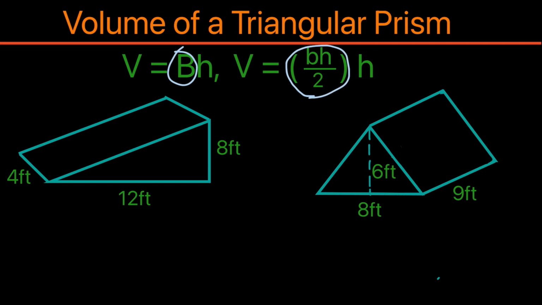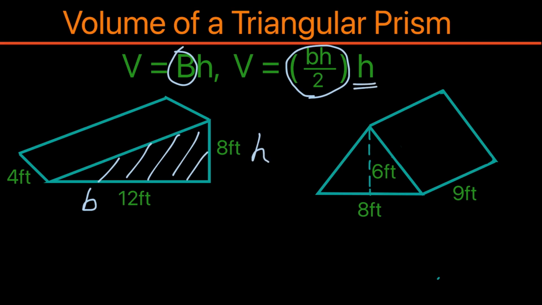For the first example, we'll look at the triangular portion, which is this area. And we have to determine which ones are the base and which one's the height. By looking at this, we can tell this is a right angle, and 12 would be the base, and 8 would be the height.